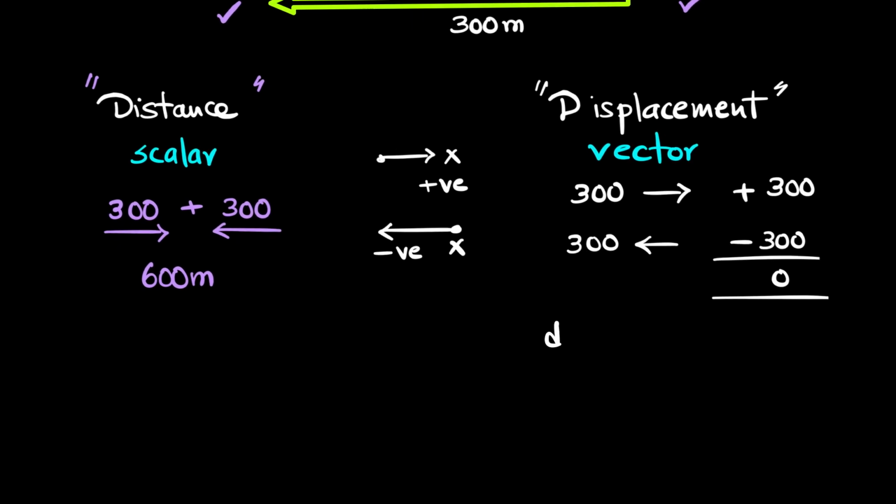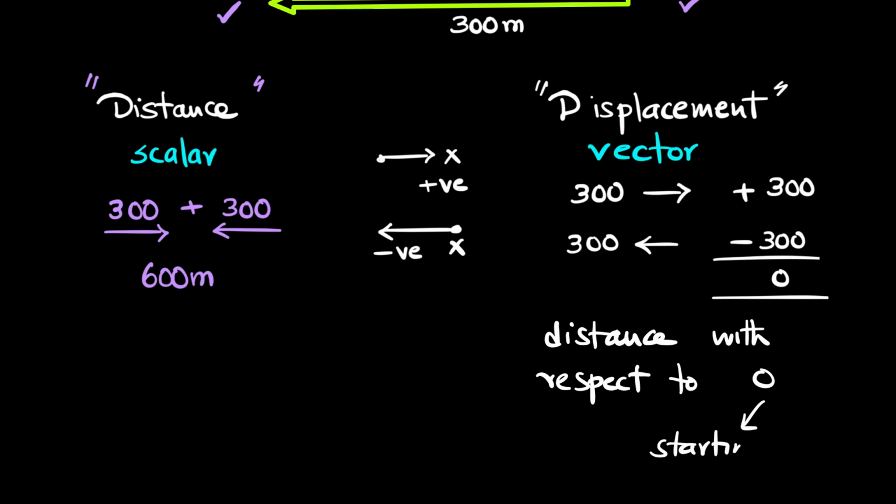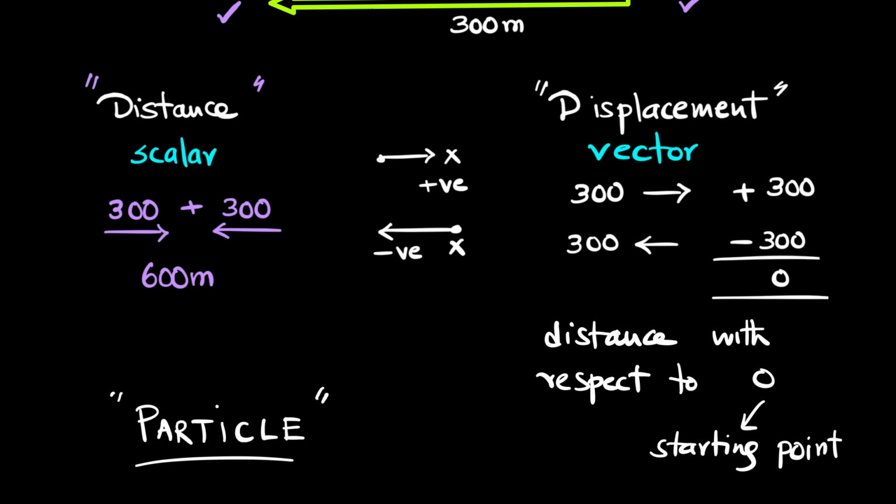Displacement means distance with respect to the starting point. In this case, the starting point is O. Since the particle, we refer to an object, a mass, a car, a vehicle, a person as a particle in mechanics, if the person or the particle is back at the starting point, the displacement is 0.